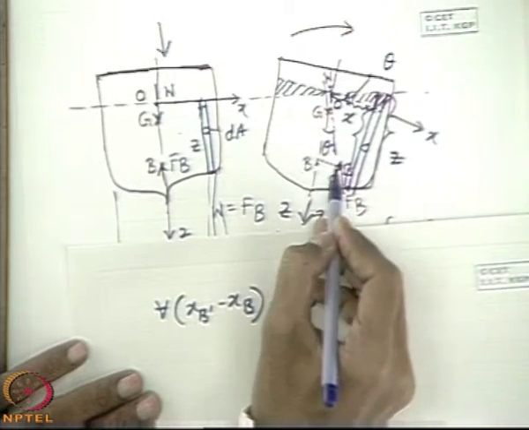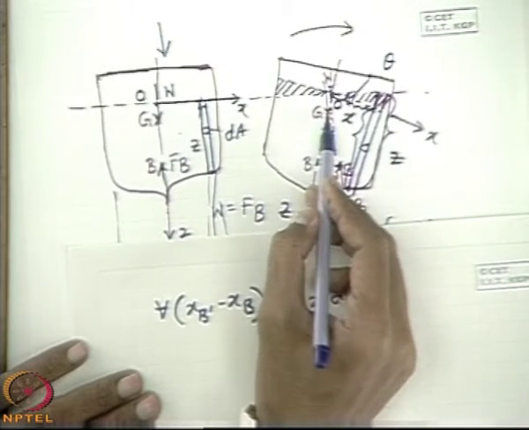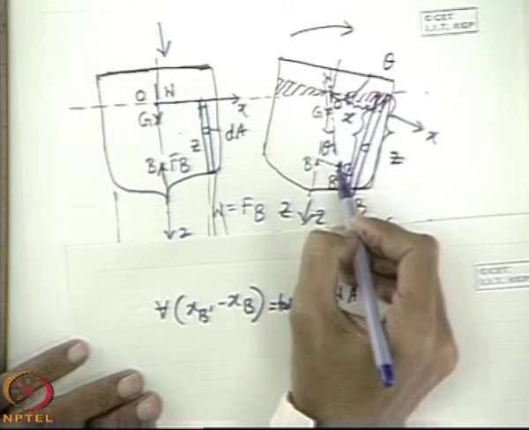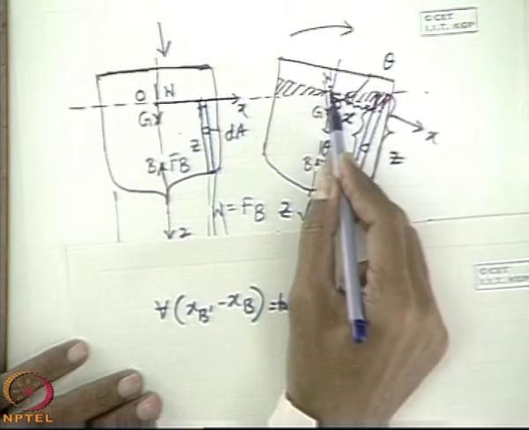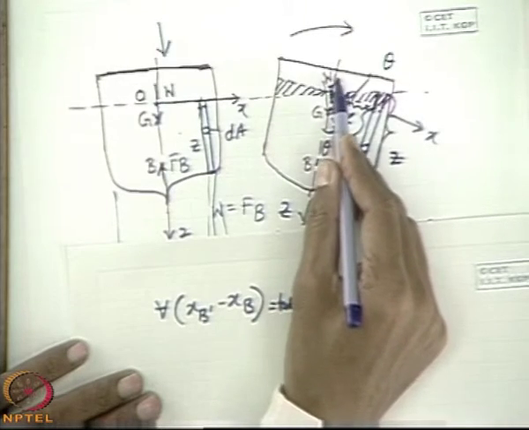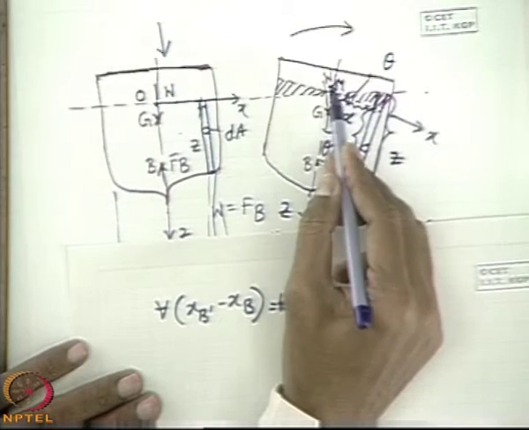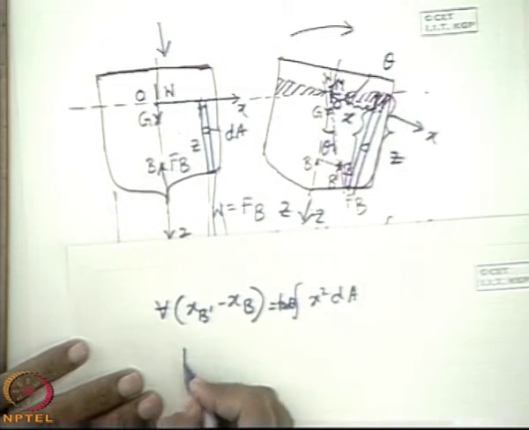So for small angle of theta, this can be written as b, this is b, and if this vertical line intersects at a point, let this be m, so this can be written as bm tan theta.